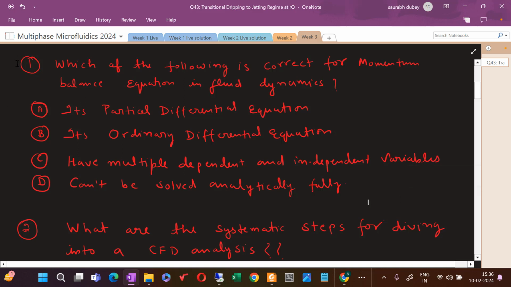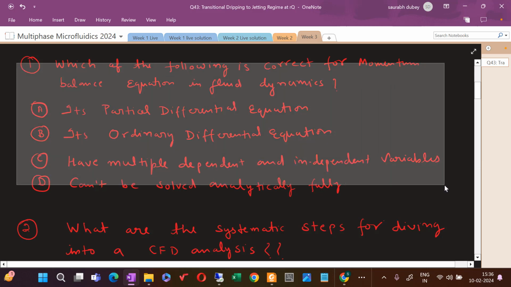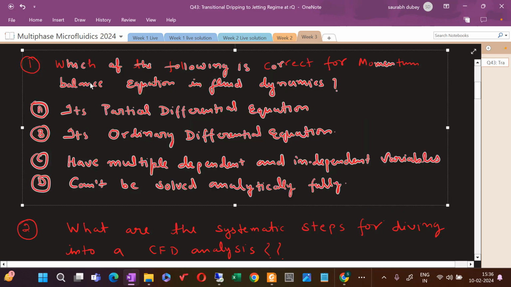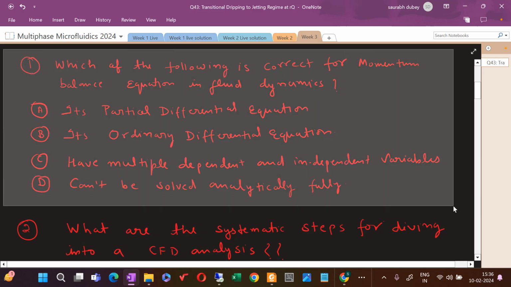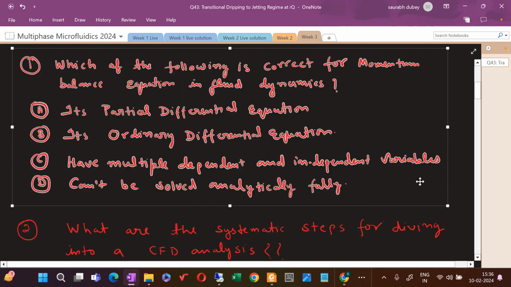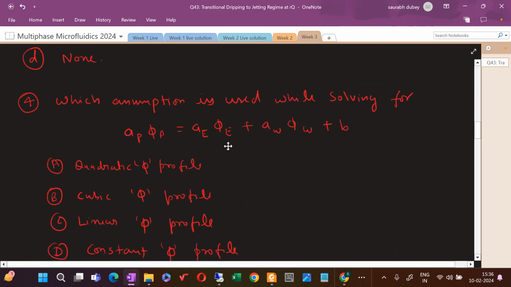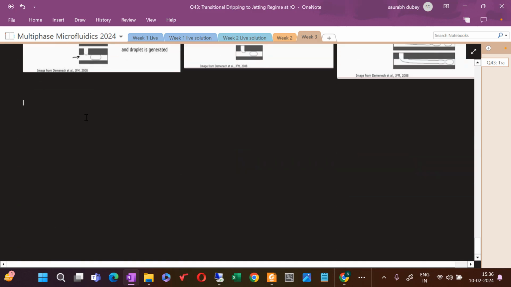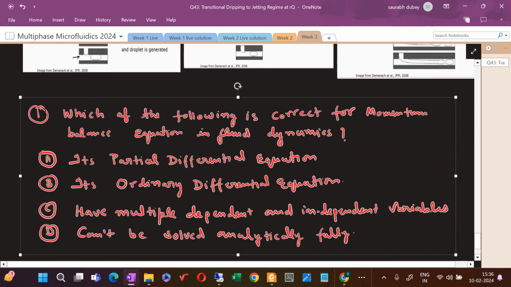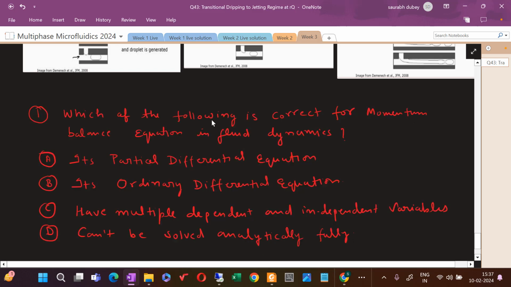There are different options given to you to decide which of the following is correct regarding the Navier-Stokes equation. So just approach this problem and let's see how well you go.